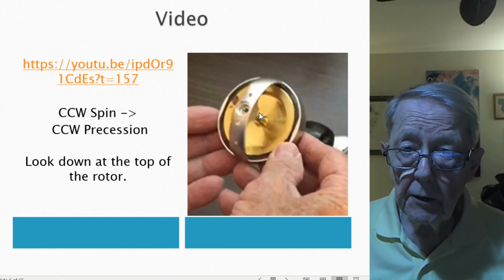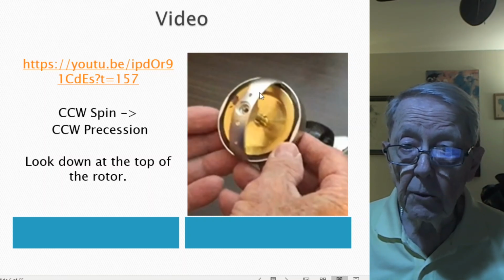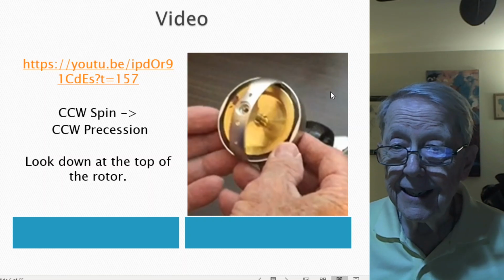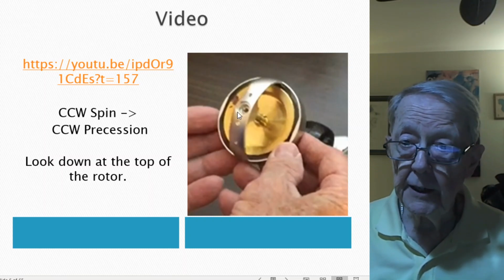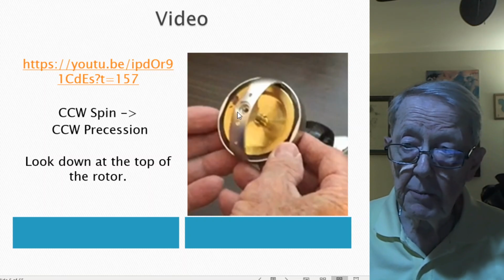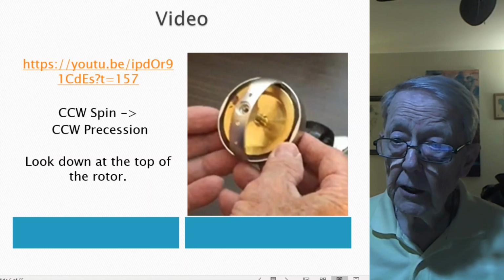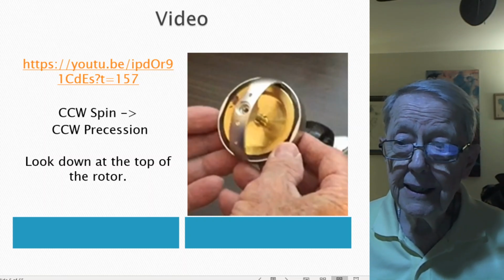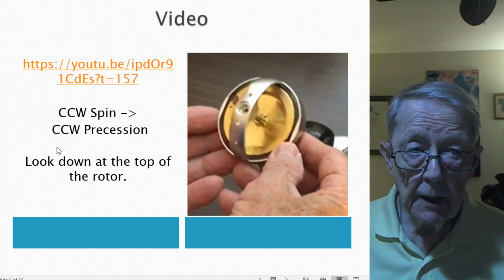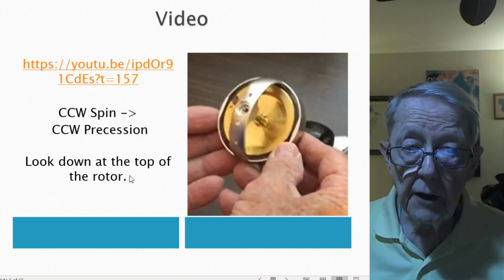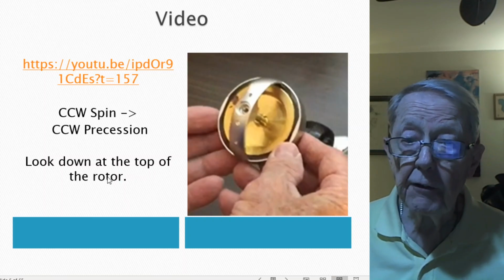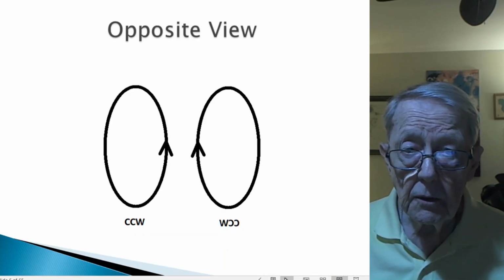Then he grabs it, holds it with his hand, and slows it down with his thumb until it gets slower and slower, and you can see that the rotor is spinning counterclockwise when you had just seen it precess counterclockwise. Then he takes the battery, reverses it, does the same thing, and sure enough, he gets this consistent result. The direction of spin is the direction of precession. But you have to look down at the top of the rotor, otherwise you get an opposite view.